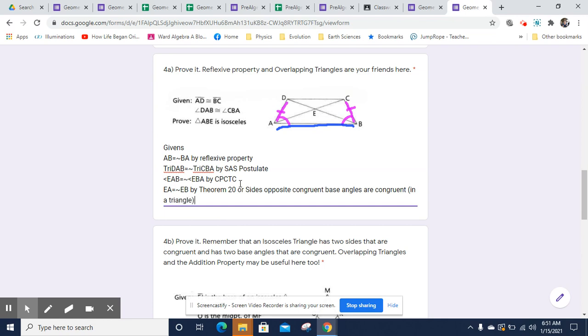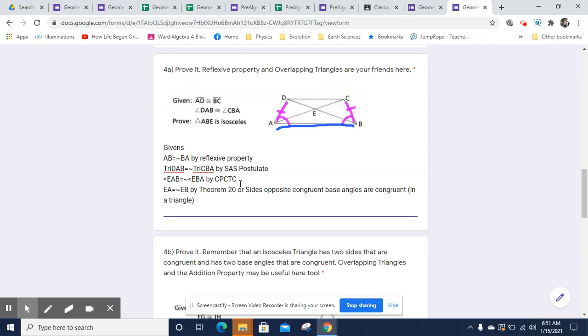That would also be true of a trapezoid, by the way. Okay, and once we've proven that, we can say that triangle ABE is isosceles because it has two congruent sides. Cool, there we've proven it.